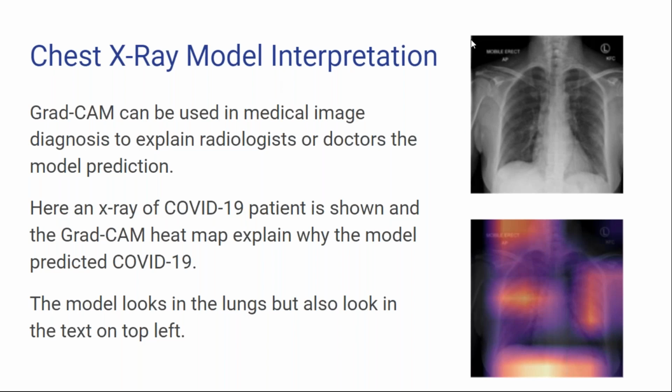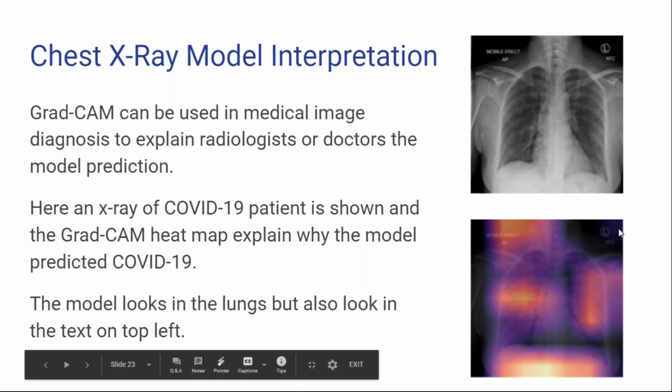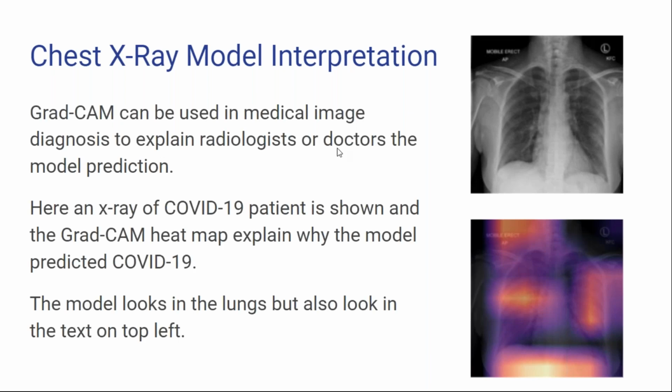In this example, I'm showing you a COVID patient's chest X-ray, and our model is able to predict this X-ray as COVID. But it not only gives you the prediction, it also gives you an explanation of why the model predicted this X-ray to be COVID.